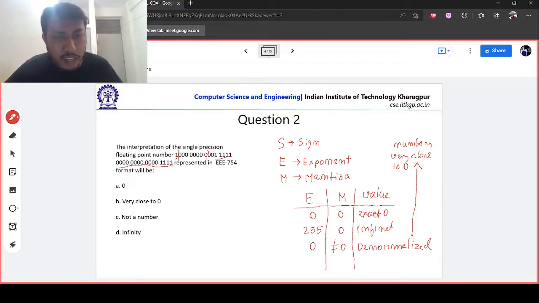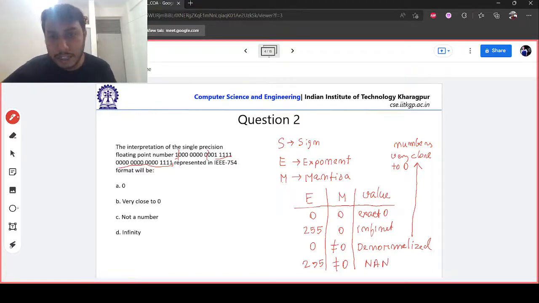And the last kind is when the exponent value is 255 and the M value is not equal to 0. We call that not a number, NaN.